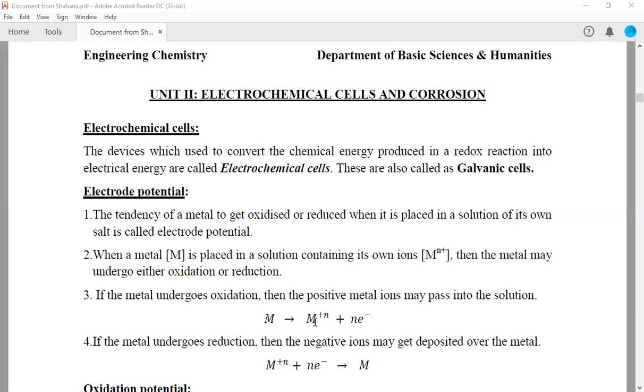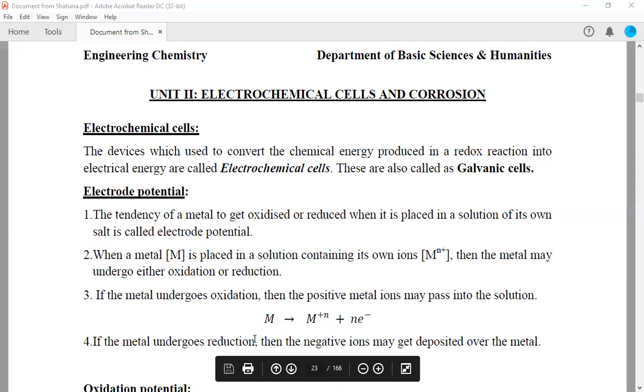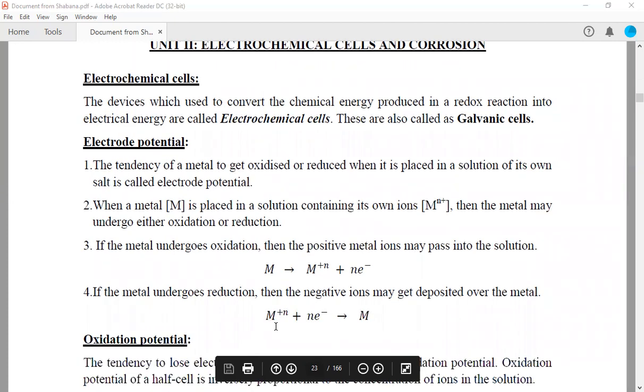Otherwise, if the metal undergoes reduction, this is the first case: if it undergoes oxidation, what will happen? The positive metal ion passes into the solution. Or when the metal undergoes reduction, what will happen? The negative ion may get deposited over the metal.